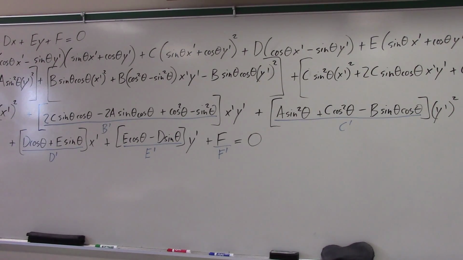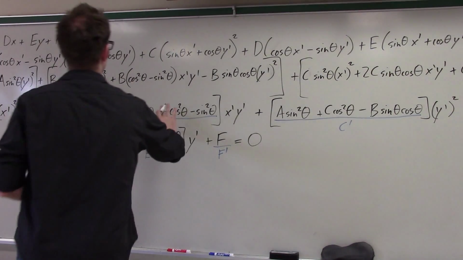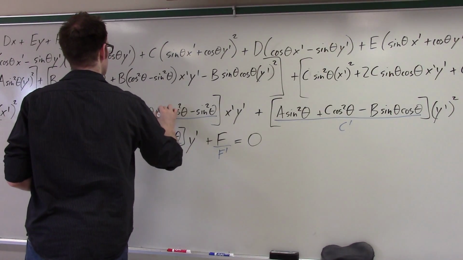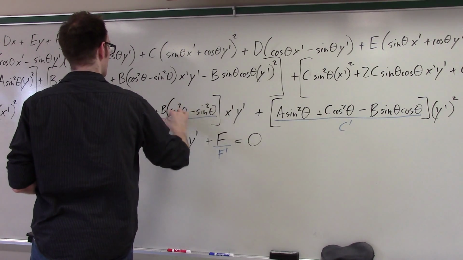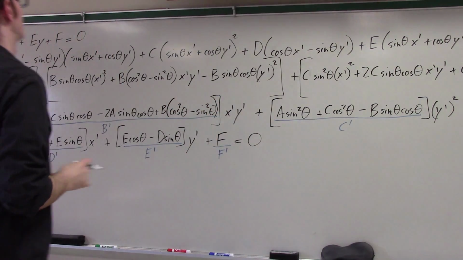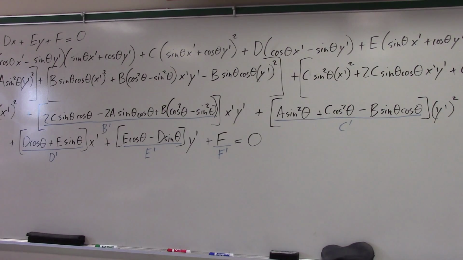Okay, so for what theta is that? Oh, I think something went wrong. Did something go wrong? I bet it did. I think there's a B somewhere. Yeah, there's a B here. Plus B. Yeah, that's better. I have to pick a theta such that that x prime y prime term disappears.